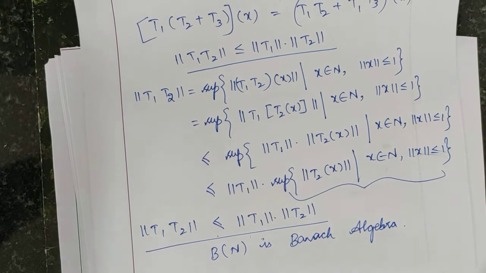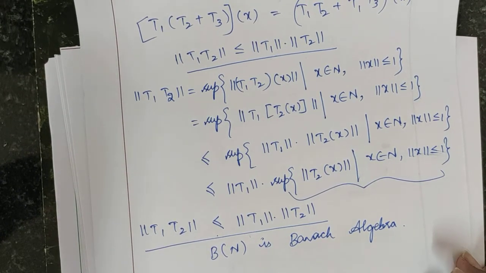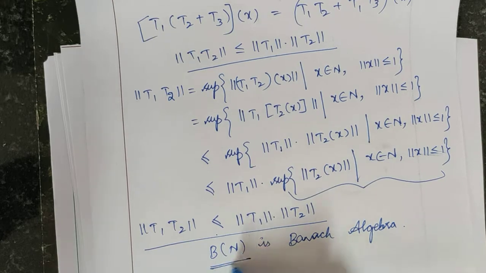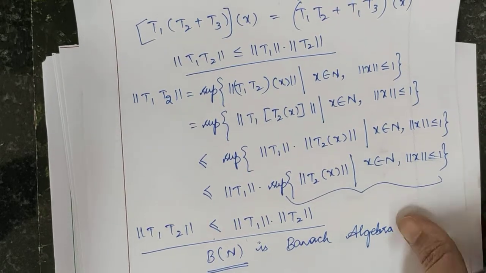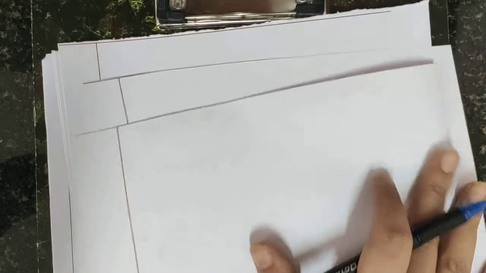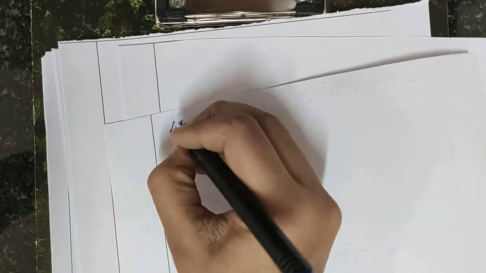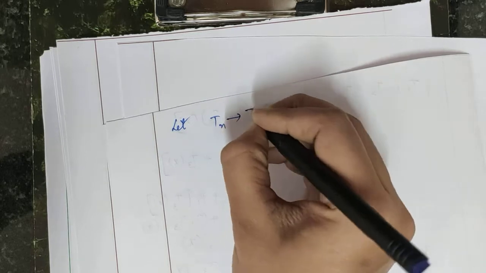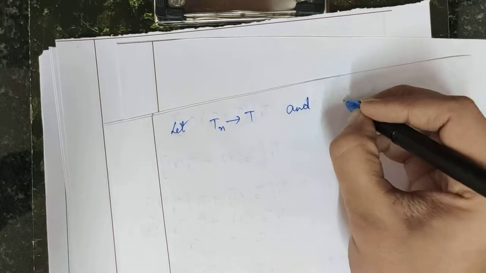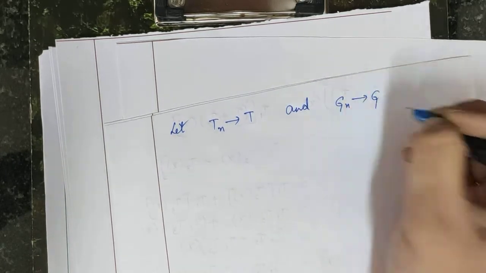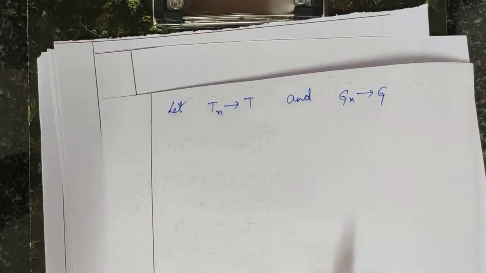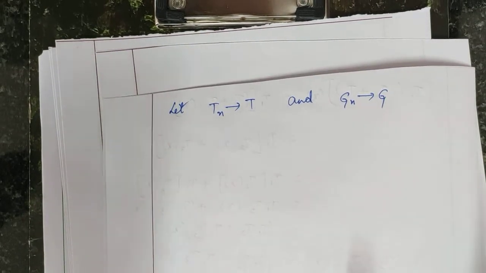We have one more part to prove, right? We have to prove that multiplication is jointly continuous in this space. So let's move to that part now. So let's define Tn converges to T and Gn converges to G. Since it is a Banach space, obviously there exists a limiting point or a converging point.